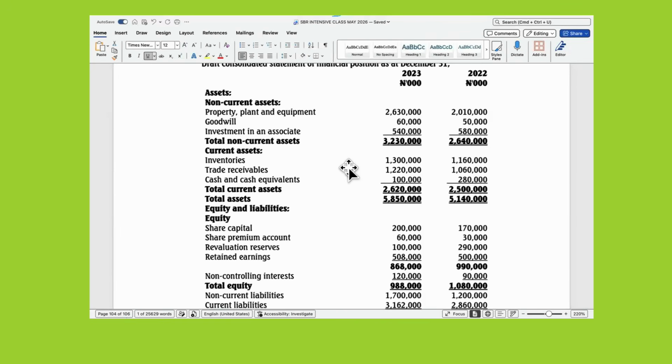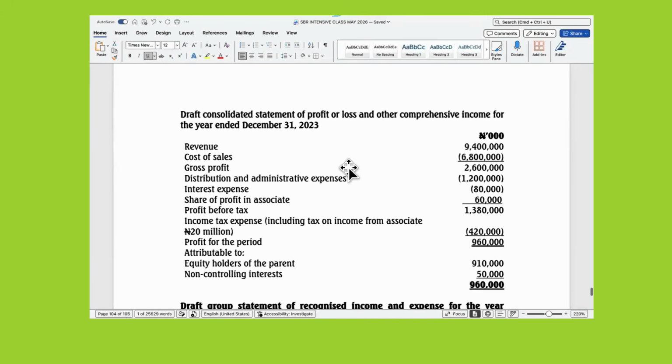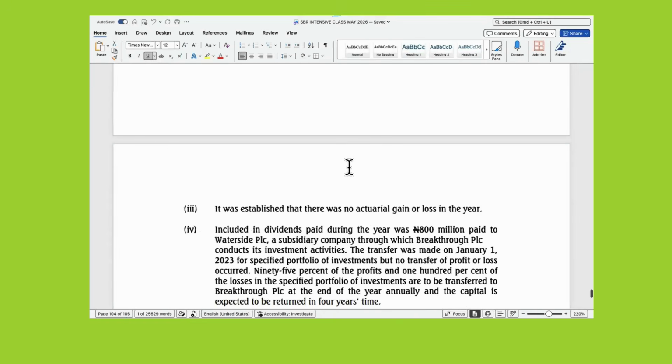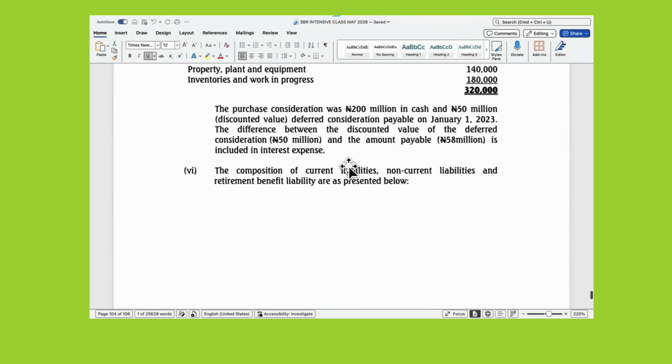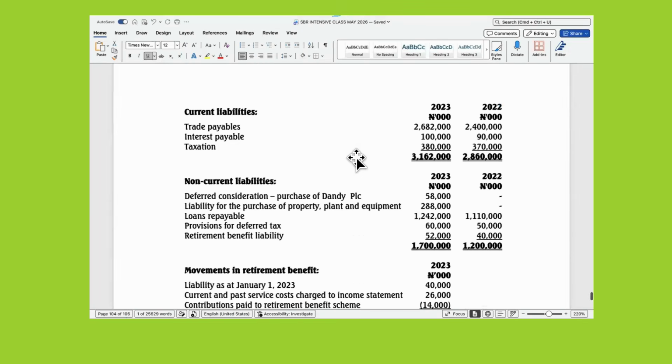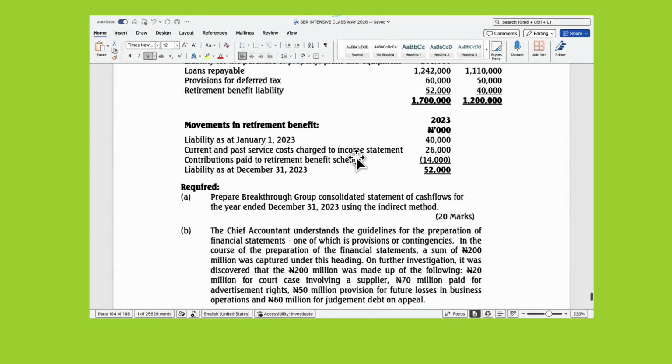I'll send you another past question on statement of cash flow, consolidated statement of cash flows, that you can also practice yourself applying this. But first, try and solve this yourself. Sit down, solve it. Make sure you can actually capture the movements in the light of these questions that they gave us here. Yes, the note is plenty, but the key things are clear there.